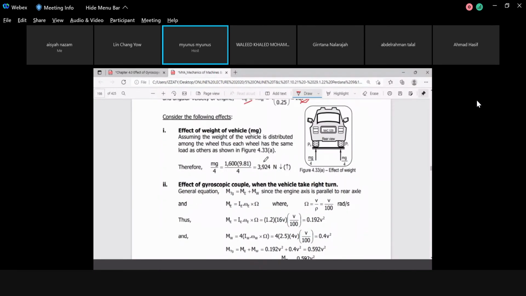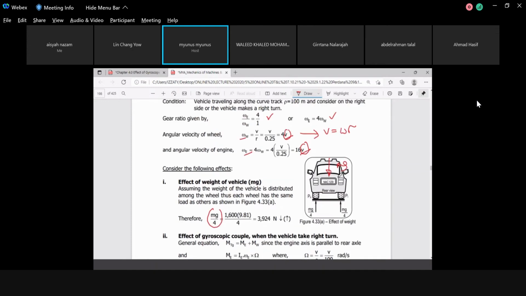The drag friction is basically on statics again. So let's focus on what we learned in class. We have the effect of the weight of the vehicle, mg, divided by 4 as usual, assuming the CG falls at the center, and you have 4 wheels.